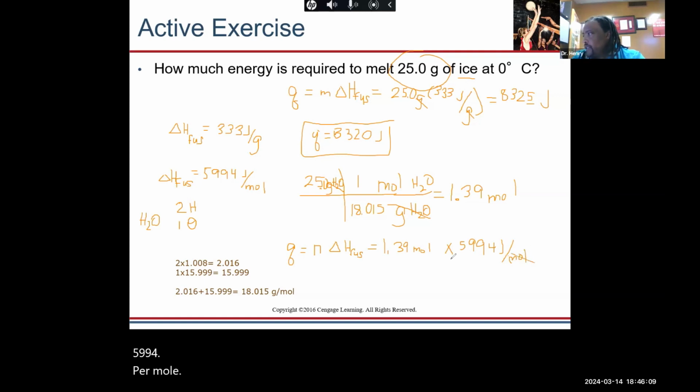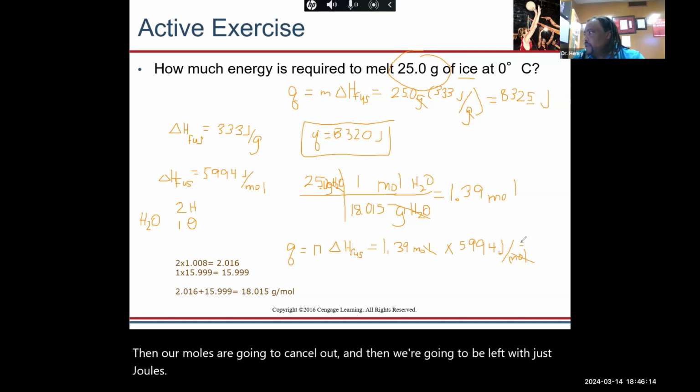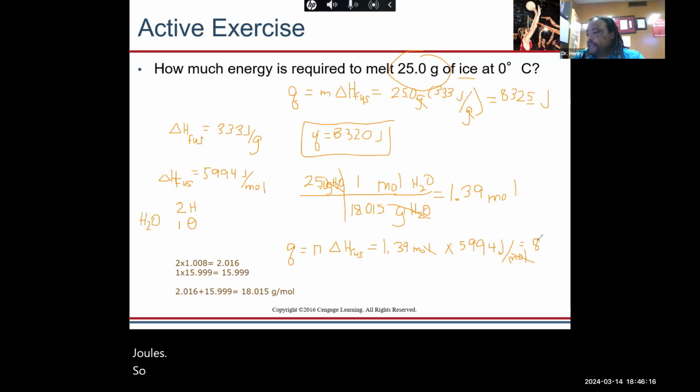Then our moles are going to cancel out, and we're going to be left with just joules. So that should give us approximately the same answer. A little bit off, but almost the same answer. That's because we round it differently, so if it's 3 sig figs, it's going to be this.